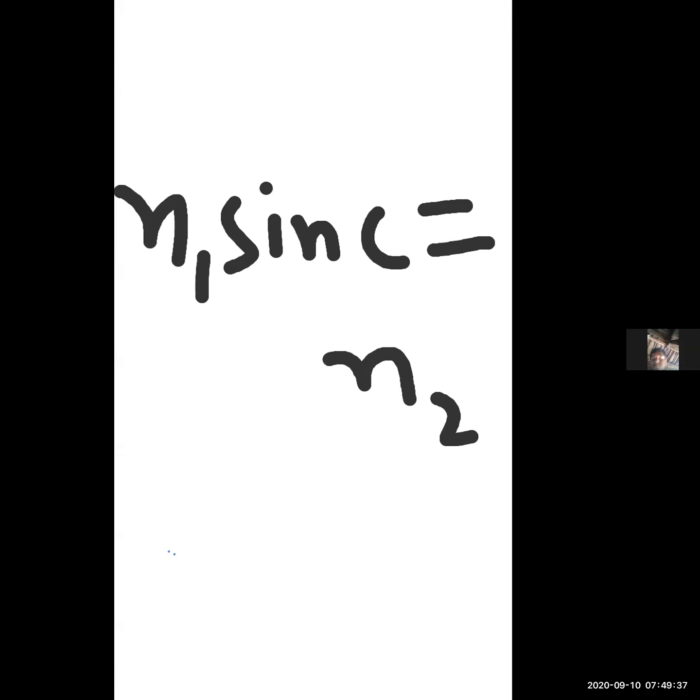Write this below the 'since sin 90 is equal to 1'. Below that write this: N1 sin C is equal to N2. Where did sin 90 go? Its value is 1, so N2 into 1 is equal to N2.